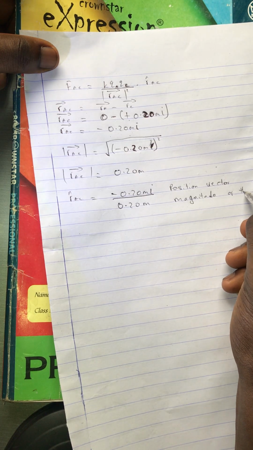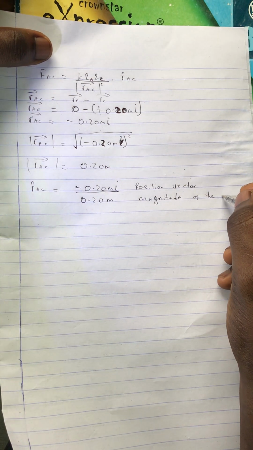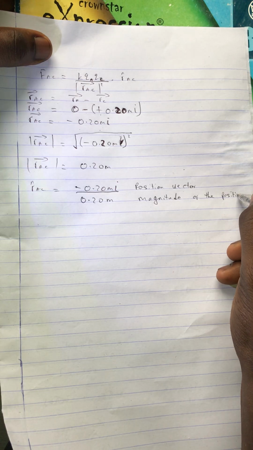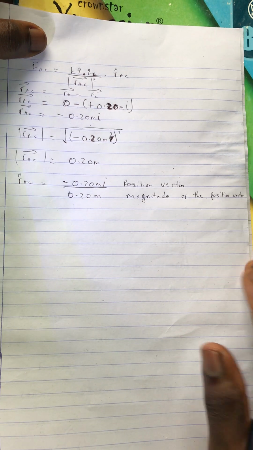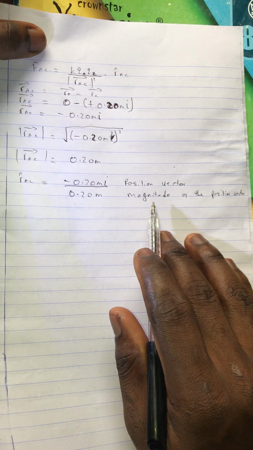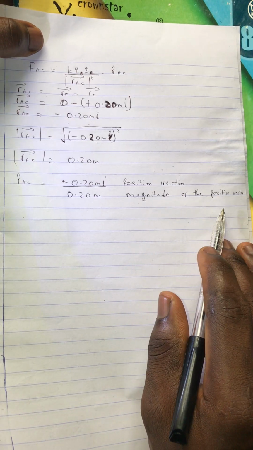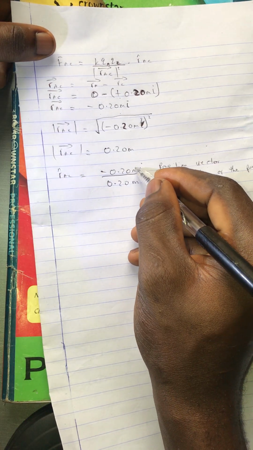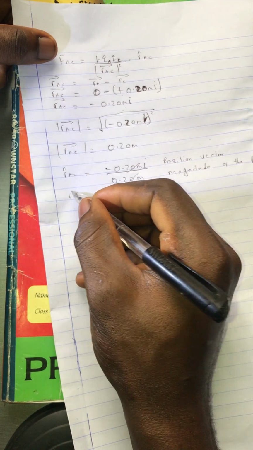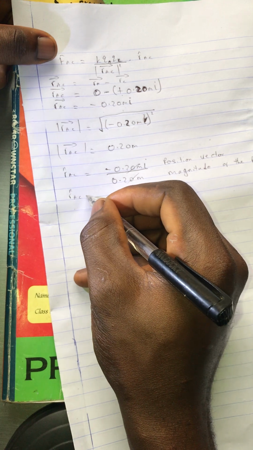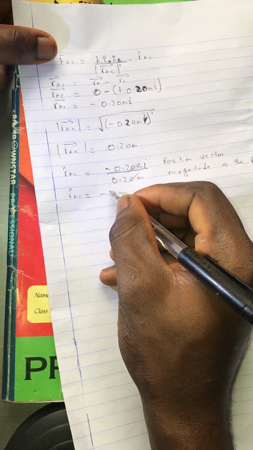This is your position vector and this is the magnitude of the position vector. Now this will cancel this. What are we left with? That means our unit vector AC equals minus i.